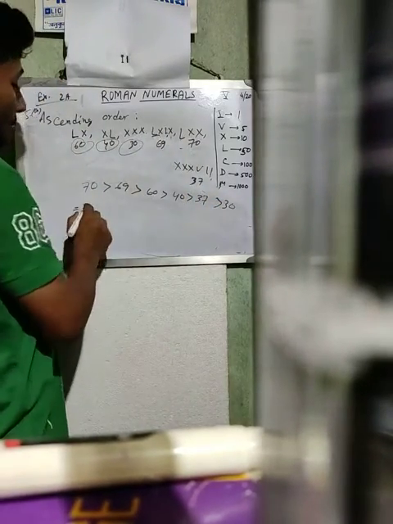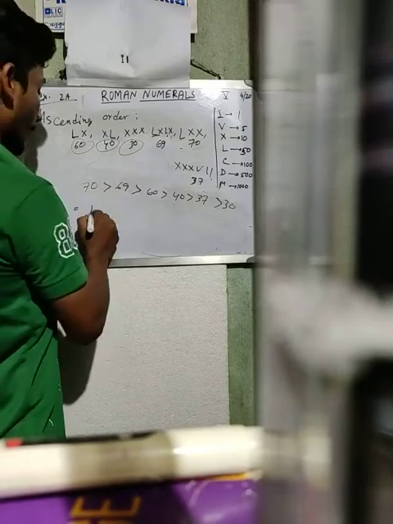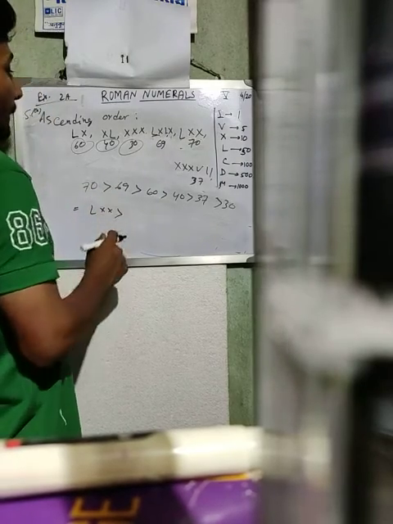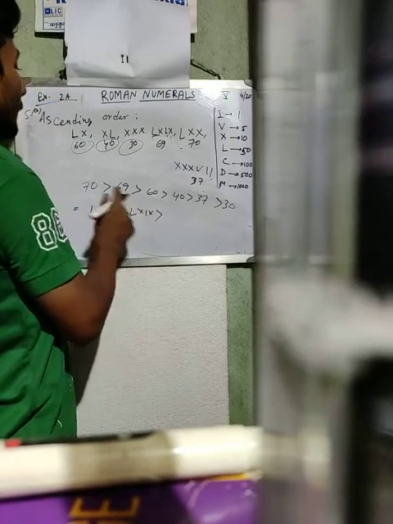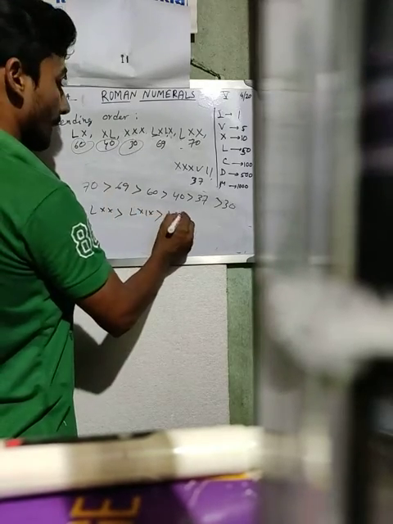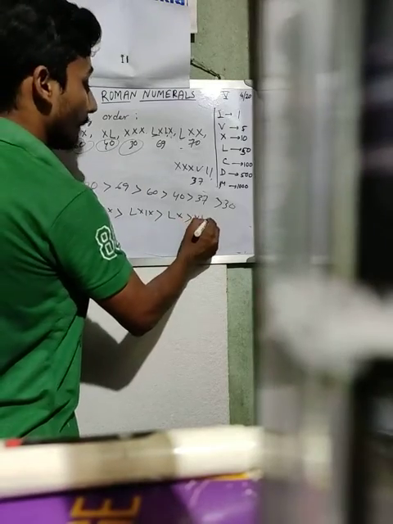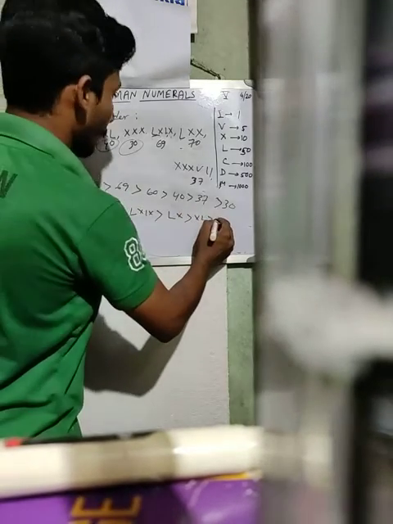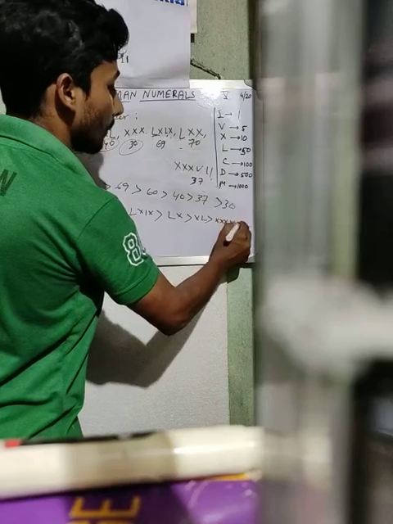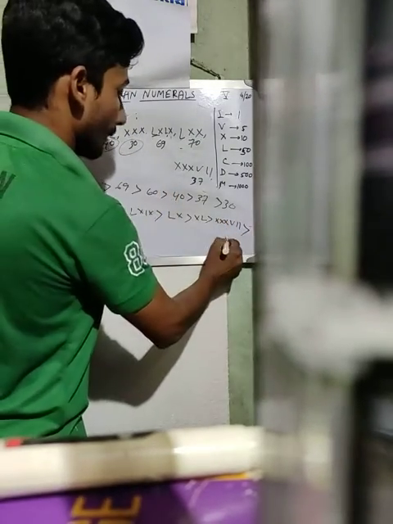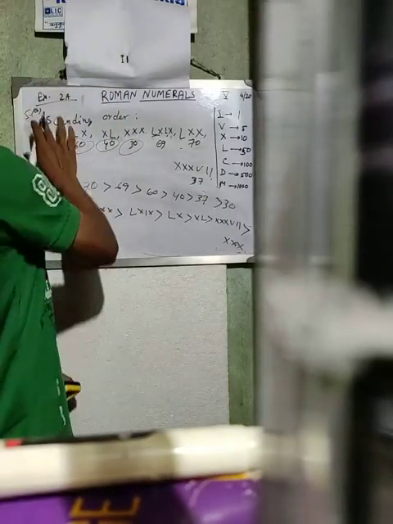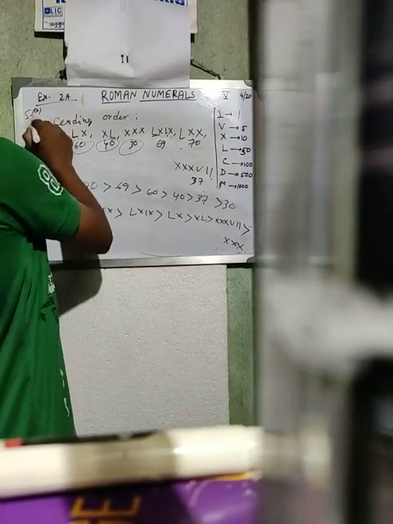Then 70 means LXX. Next 69 means LXIX. Next 60 is LX. Next 40 is XL. Next 37 is XXXVII. Next 30 is XXX. So this is the descending order.